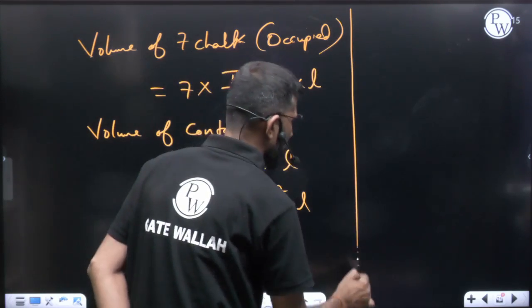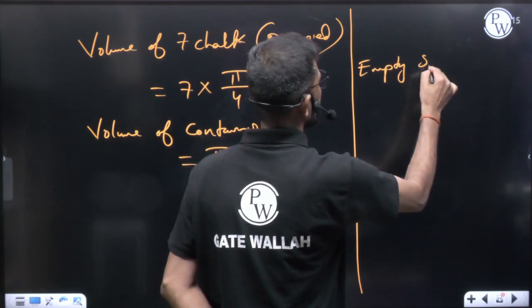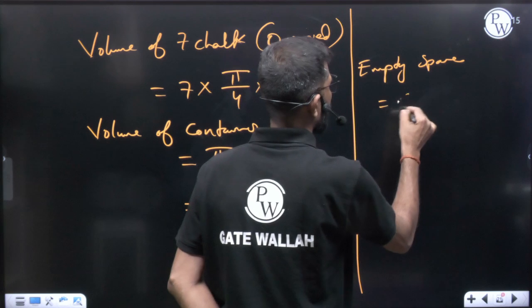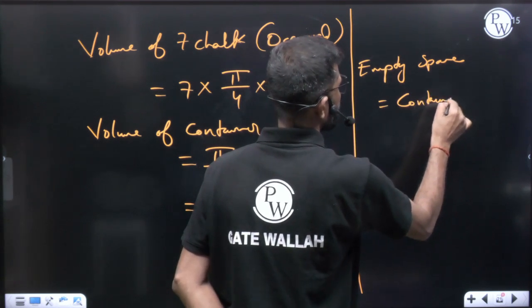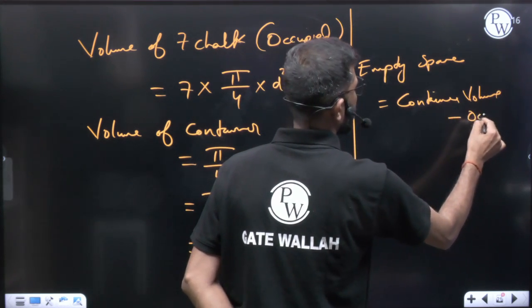Now let us talk about empty space. How will we get empty space? Empty space will be the container volume minus the occupied volume.